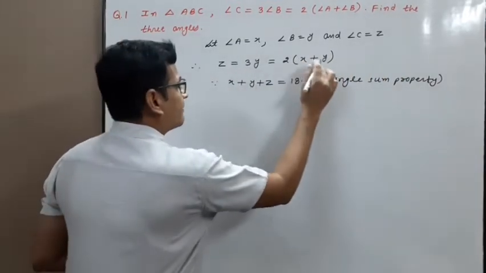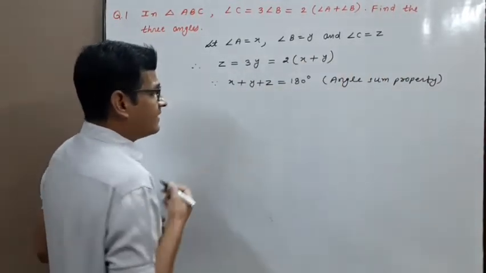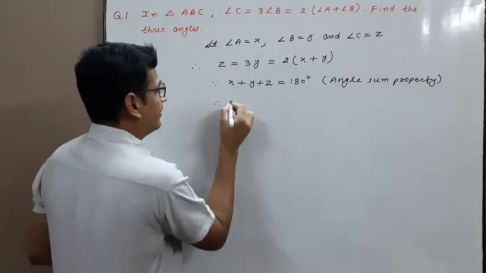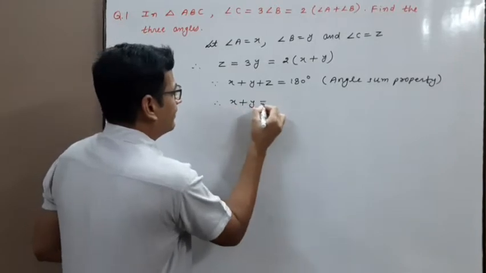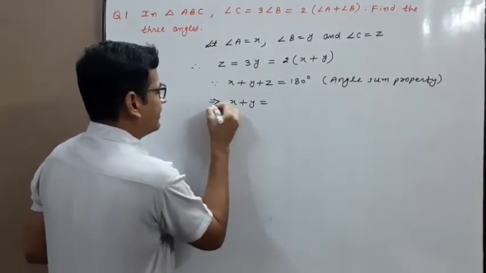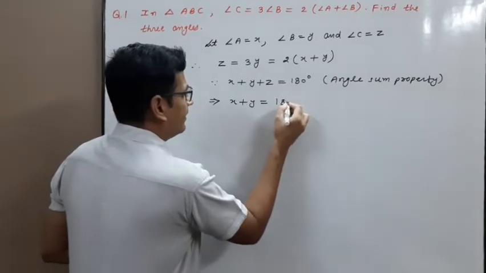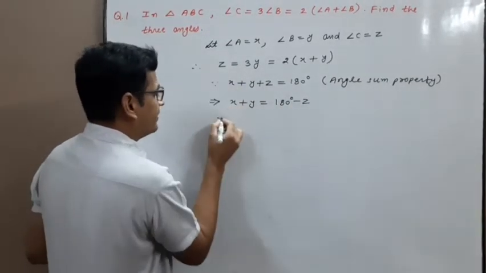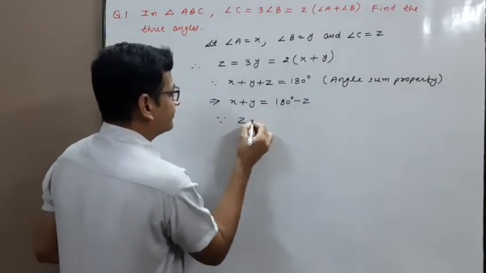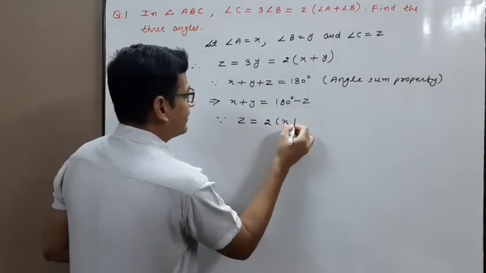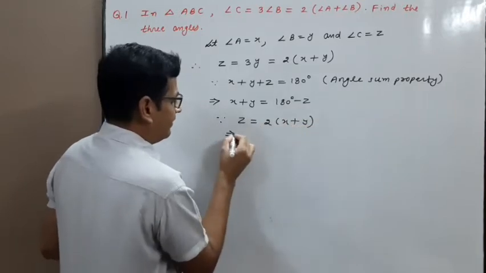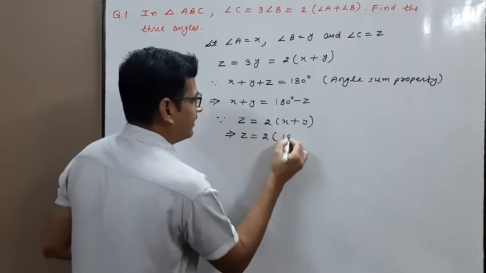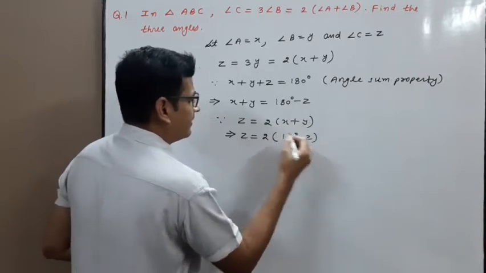Now in place of X plus Y, we can write 180 minus Z. So therefore, X plus Y equal to 180 degrees minus Z. Now since Z equal to 2 times X plus Y, Z equal to 2 times, in place of X plus Y we can write 180 degrees minus Z.